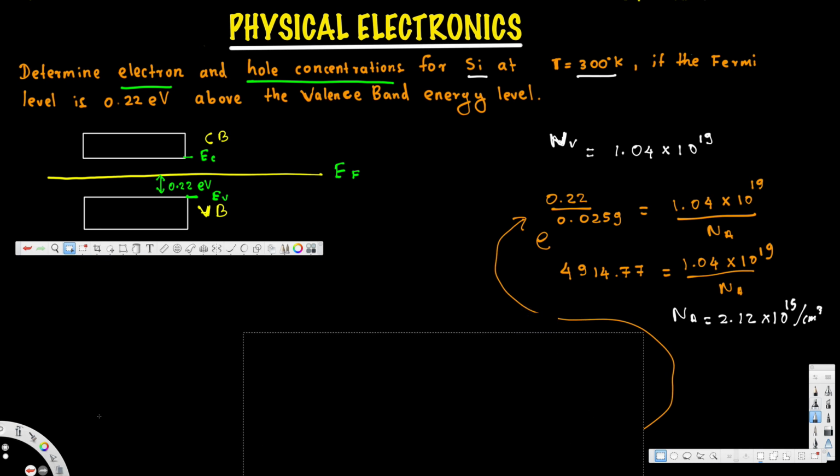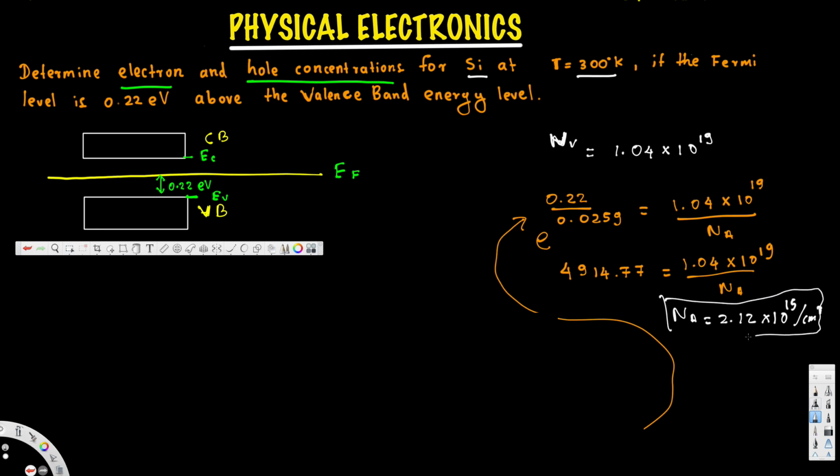Okay, we found out this first part. This is the first answer, that is the hole concentration. Now we are interested in finding the electron concentration. Mass action law says that n0, the number of electrons, times the number of holes is equal to ni square. So this is the equation we have.